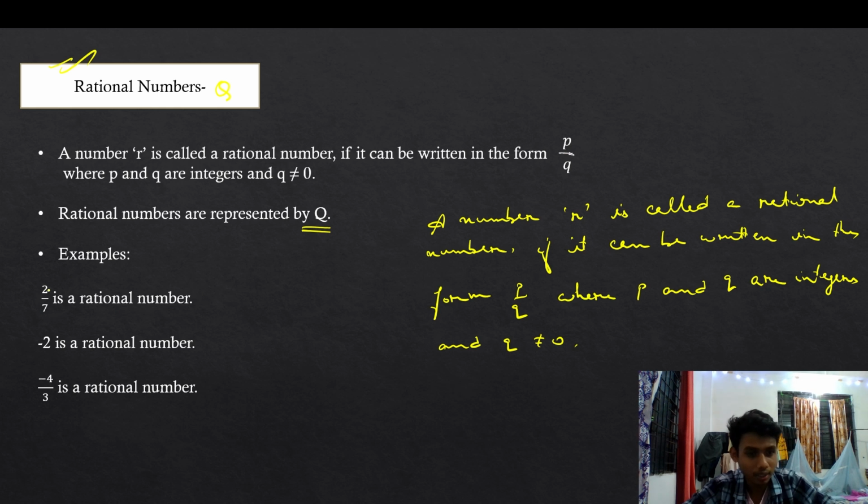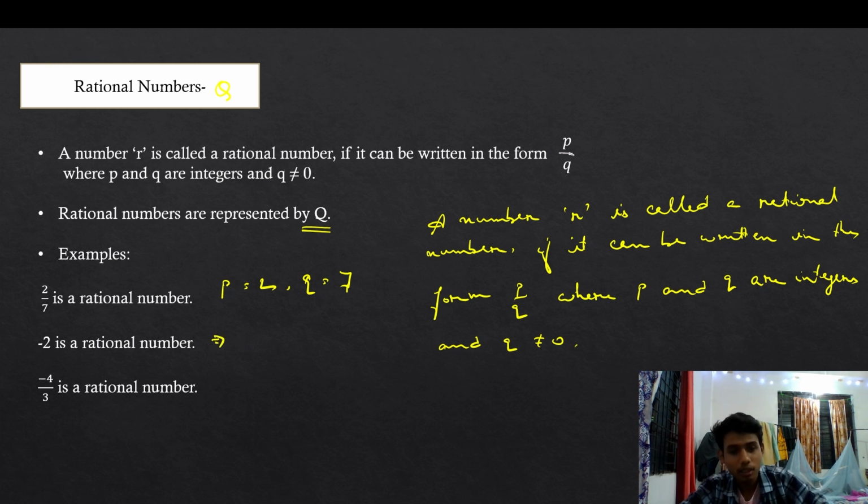2 by 7 is a rational number in which P is equals to 2 and Q is equals to 7. Now is -2 a rational number? The answer is yes.